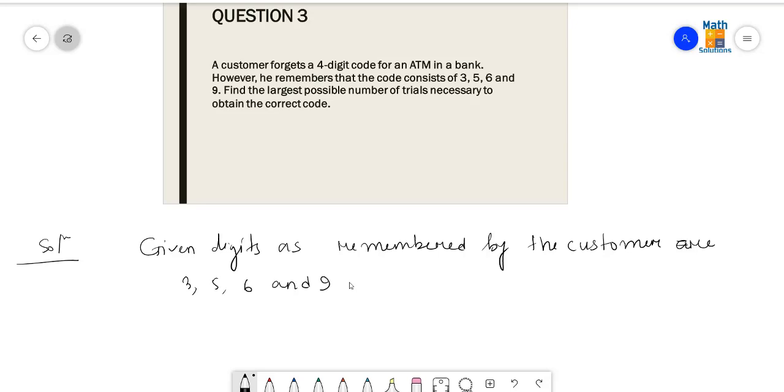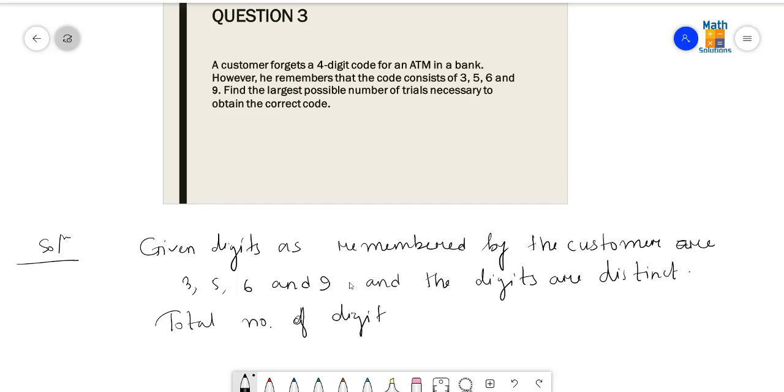Therefore, and we need to consider one more thing here, that is what? Repetition is not possible here. The digits are always distinct. So what shall we write next? Total number of digits is equal to 4.